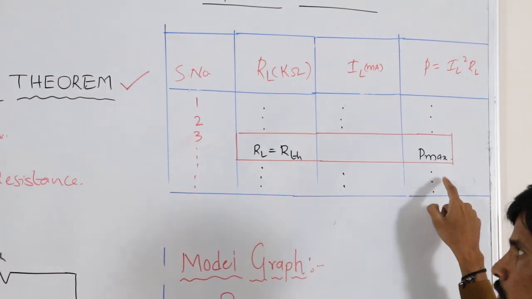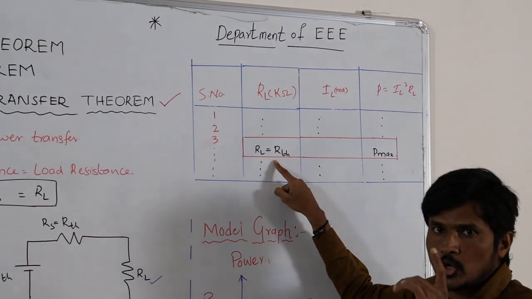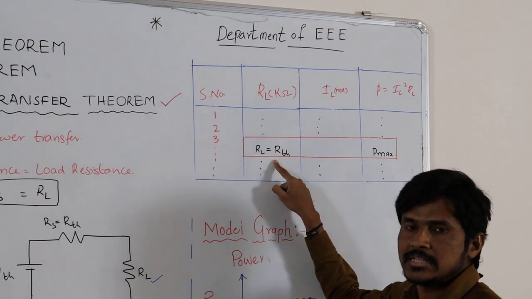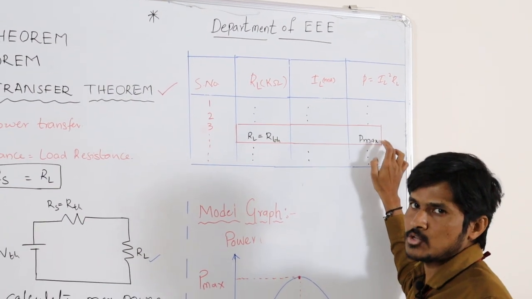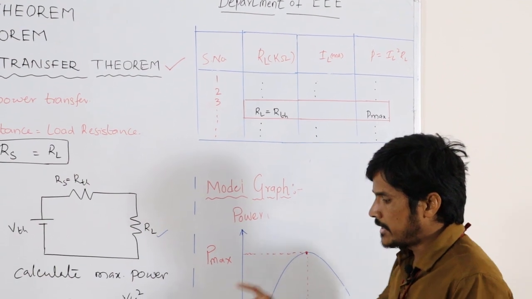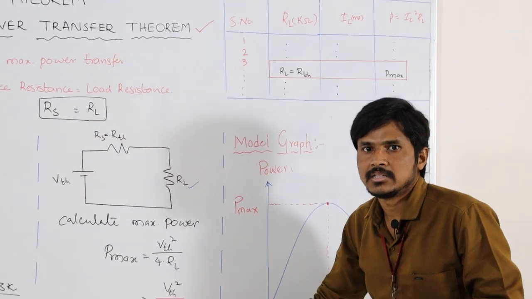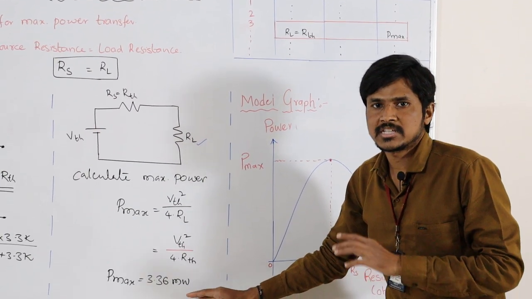Again I am repeating, when you vary the load resistance and it is equal to RThevenin, there you get the maximum power, which will be equal to 3.36 milliwatts.